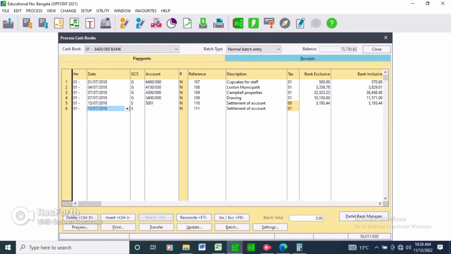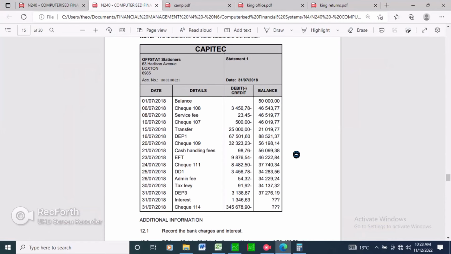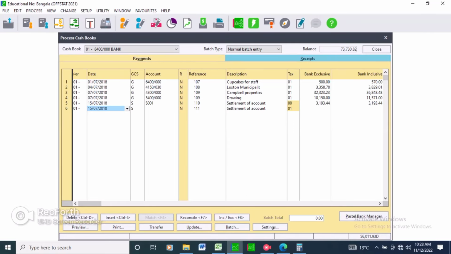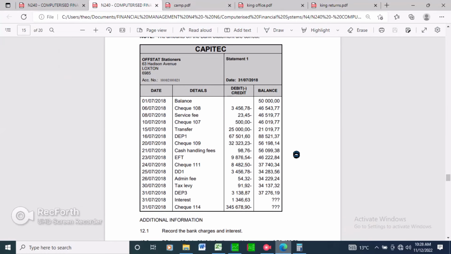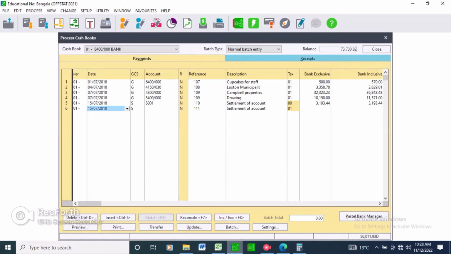The difference only. The reference needs to stay the same, and the description needs to stay the same. Okay. Open your calculator, guys. It's 3,358.78 minus what?